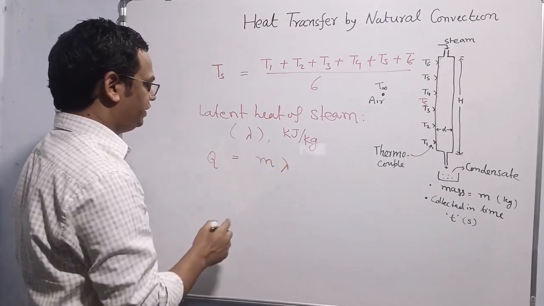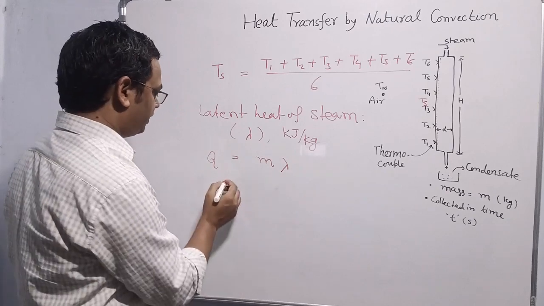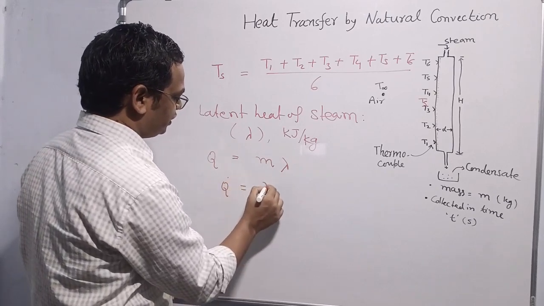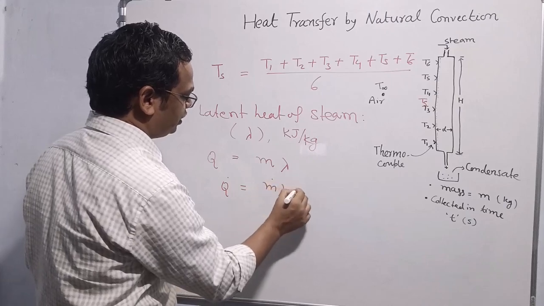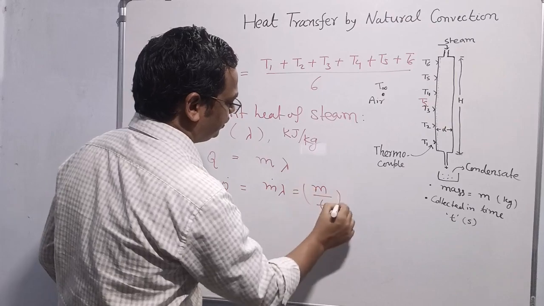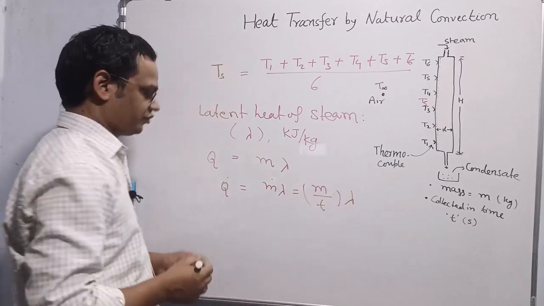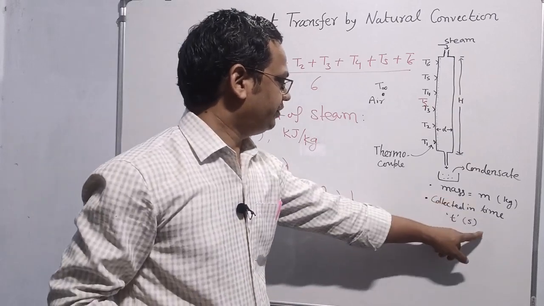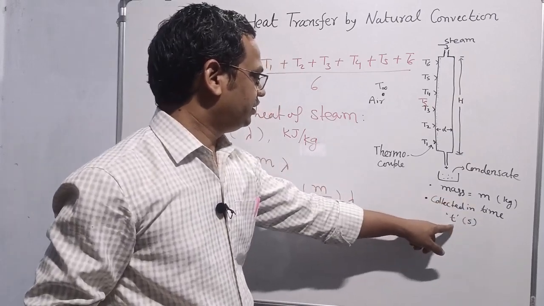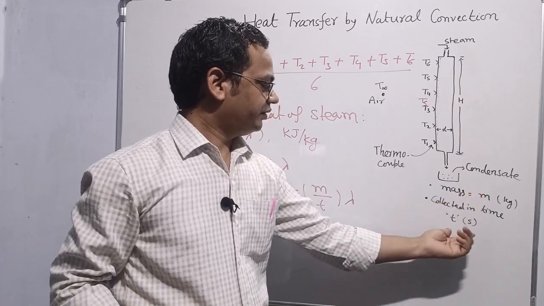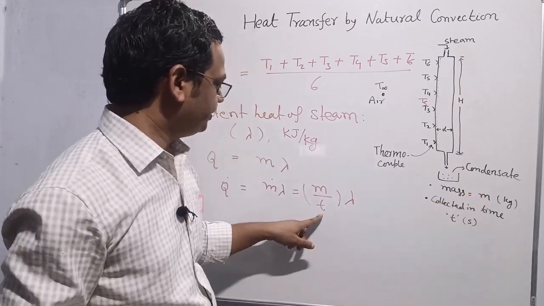So this is the heat transfer, and we can find the heat transfer rate, m dot lambda, that is m by T into lambda. The collected mass is for a specific period of time, that is T. For example, we have collected the mass for 15 minutes. Therefore, time will be 15 minutes.